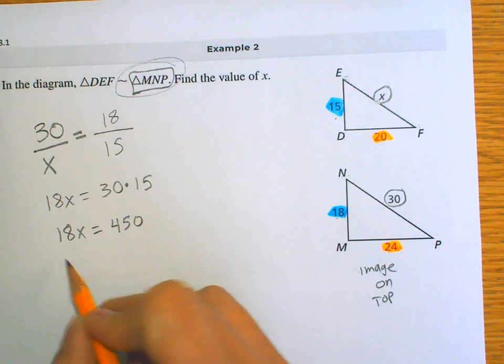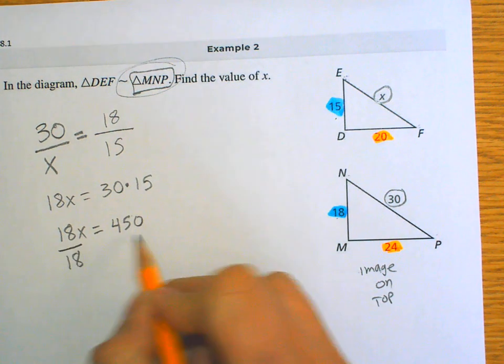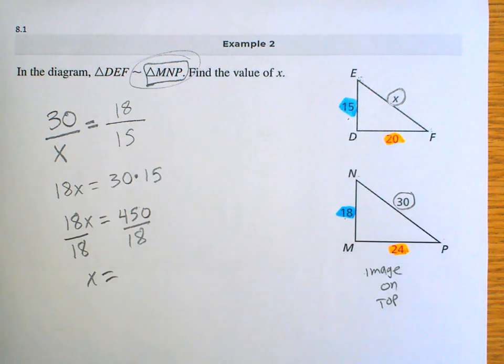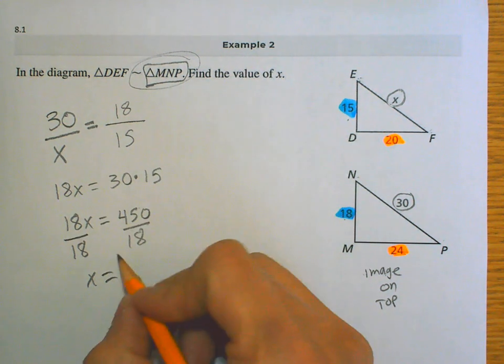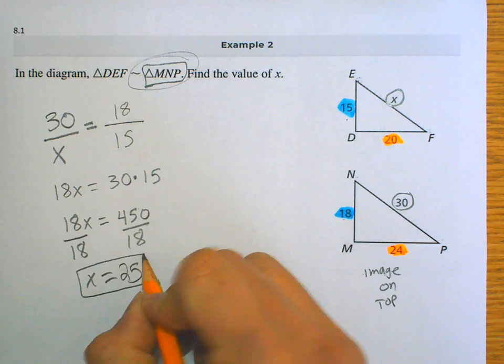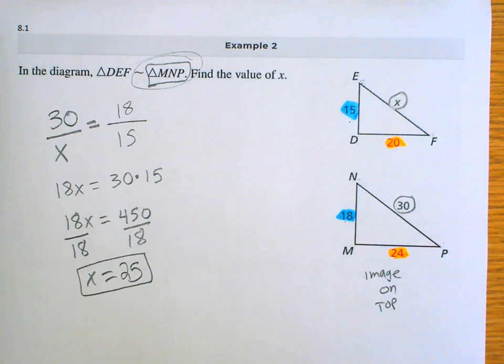And then what you need to do is divide it by 18, and x is going to equal, I don't know what that is. Let me get my calculator. So 450 divided by 18 should give you 25. So the value of x is 25.